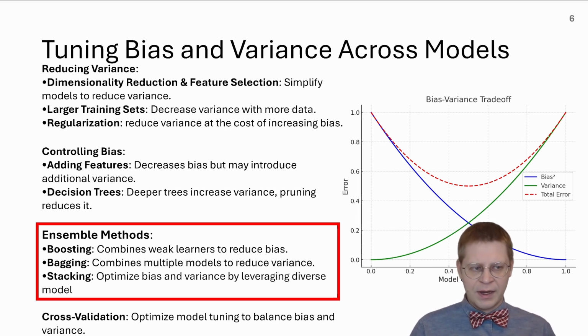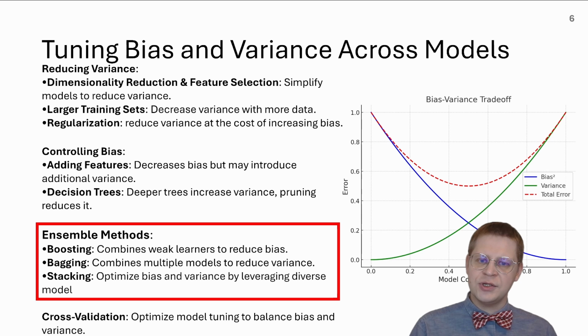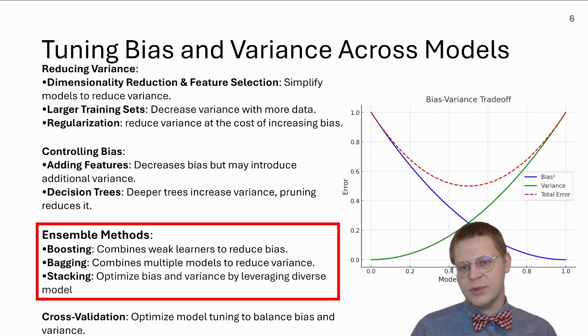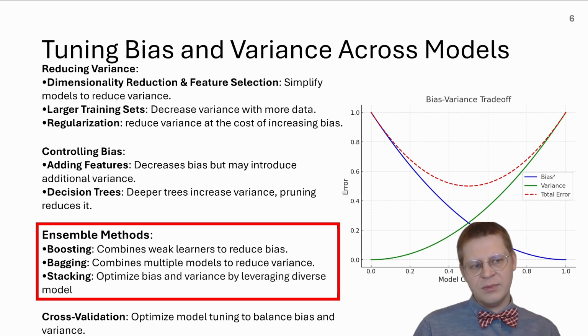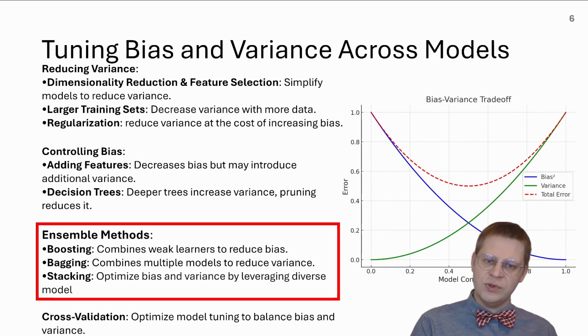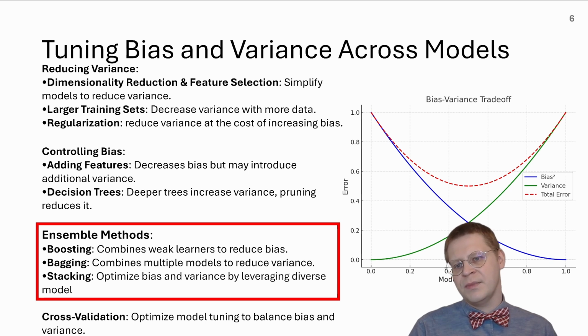And controlling bias: adding features helps decrease bias but may increase variance. For models like decision trees, deeper trees often reduce bias but can increase variance unless carefully pruned. Ensemble methods, particularly boosting and bagging, are designed to balance those errors.